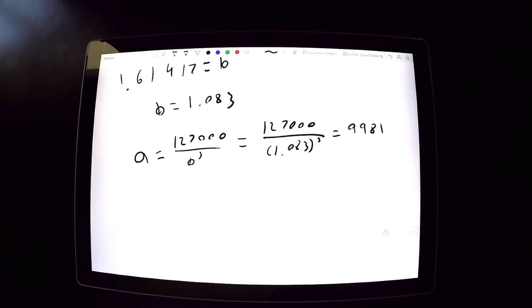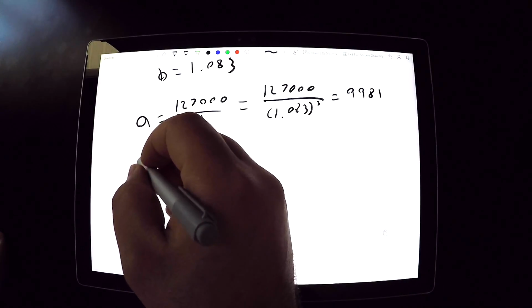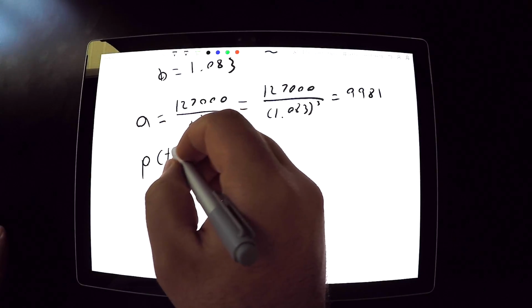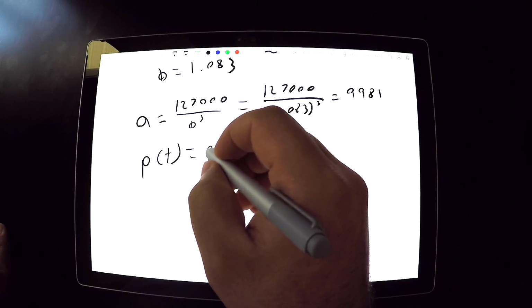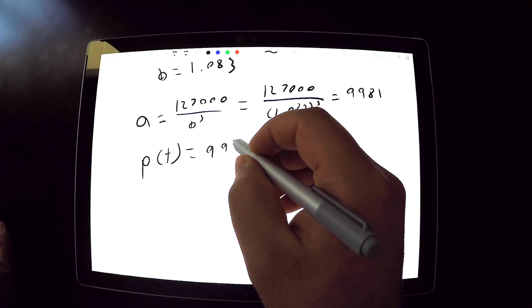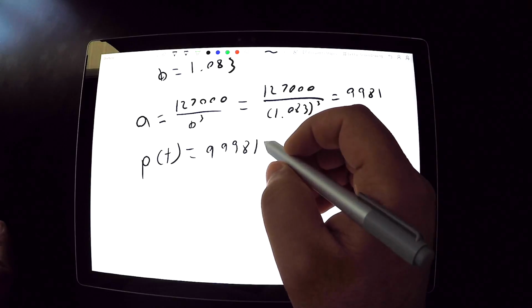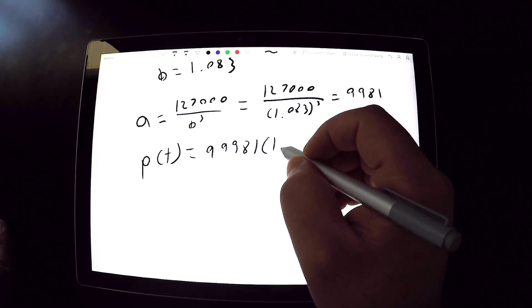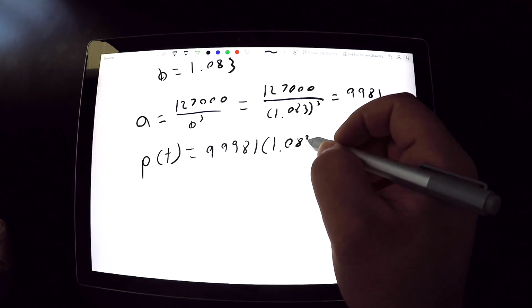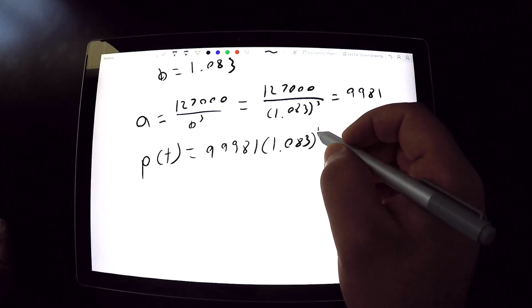Okay, so now the equation for the population of the city is P(t) is now equal to 99,981 times (1.083) to the power of t.